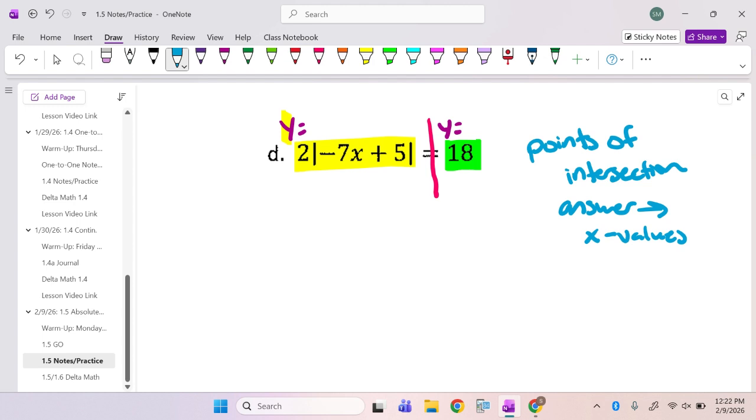If it's not a pretty number, let's say round to the nearest hundredth, so 2 decimal places. I have to zoom out a little bit to see it.